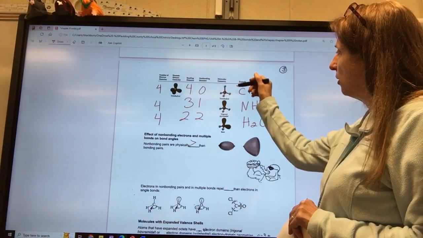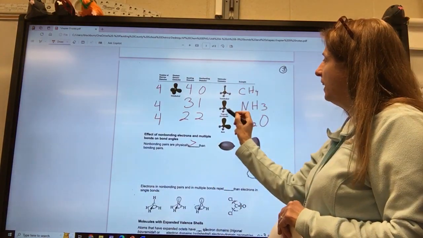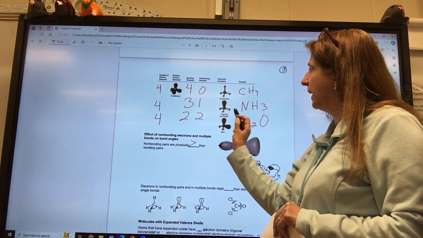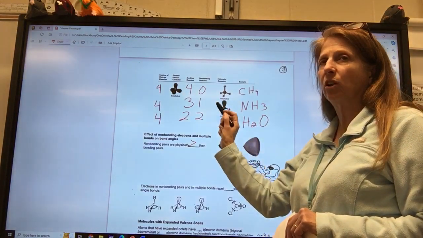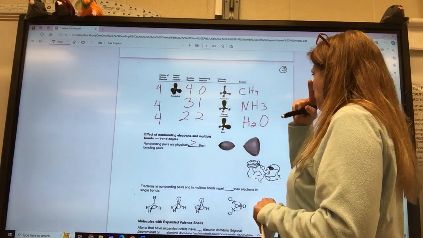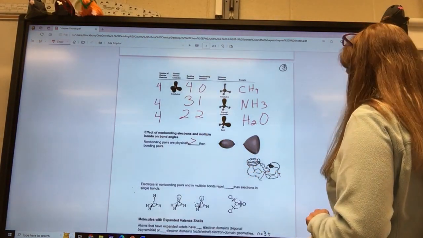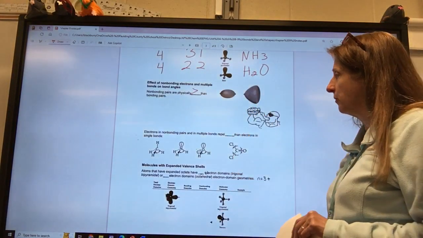Here we had a tetrahedron with 109.5. Here, this is a little stronger, and it shoves these away a little bit more, so it changes those bonds to be a little closer. I think it's 107 in ammonia. So it's a little bit more powerful. That's why we got our guy drinking protein here.